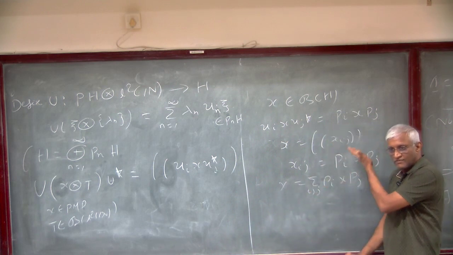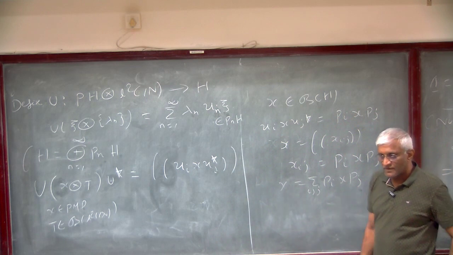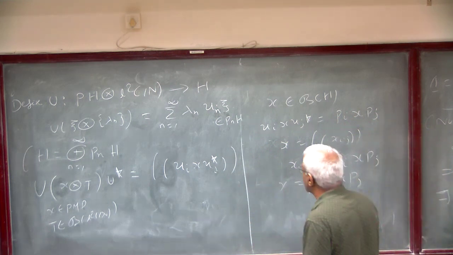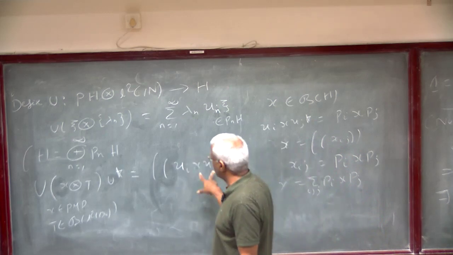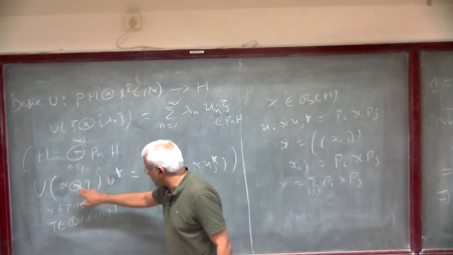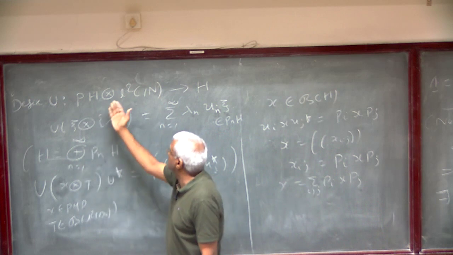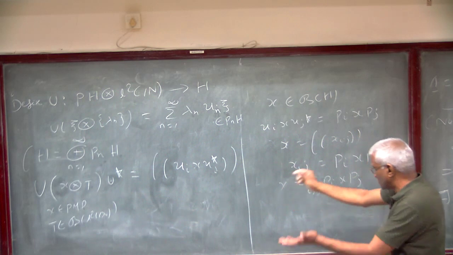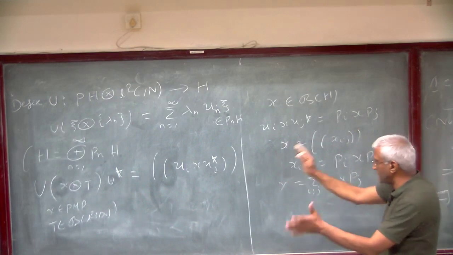This is the matrix form of this, if you want. You just have to write it out and get convinced. And these kinds of things are strongly dense in this tensor product, by definition.